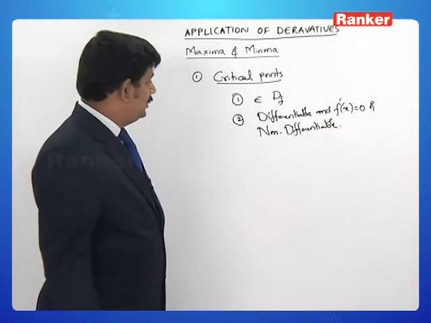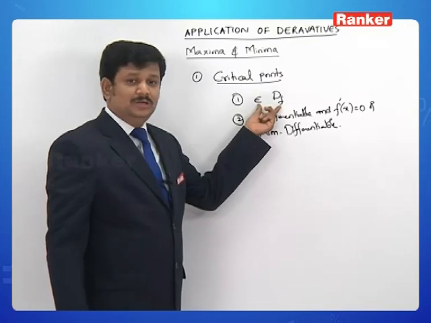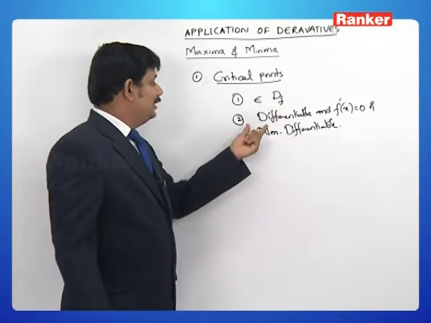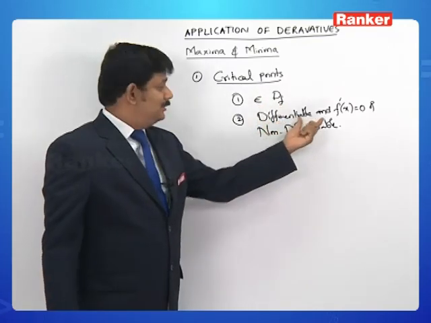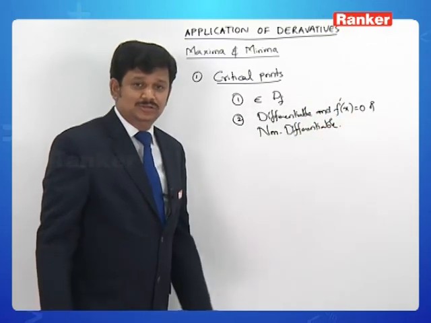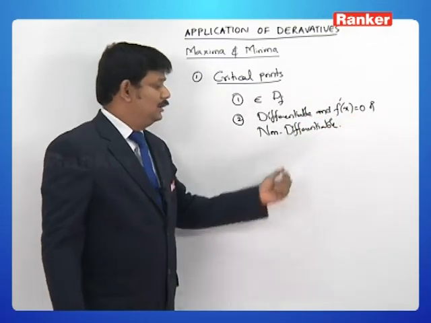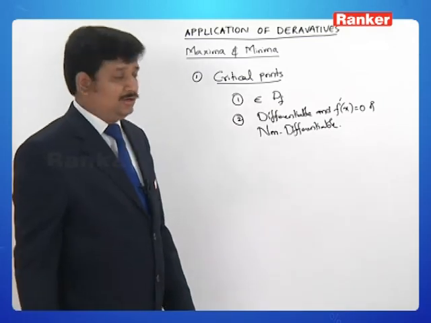Critical points are points which belong to the domain of the function, where the function is differentiable and f dash x is equal to 0, or the function is not differentiable at all.